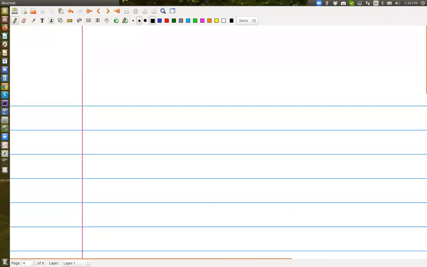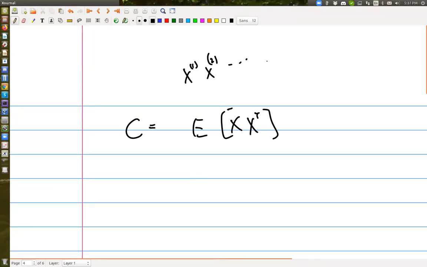So the idea of kernel PCA is that I have my covariance matrix C here, and I want to approximate it with some data points. Let's say I have data points x1, x2, up to xk, k of them.